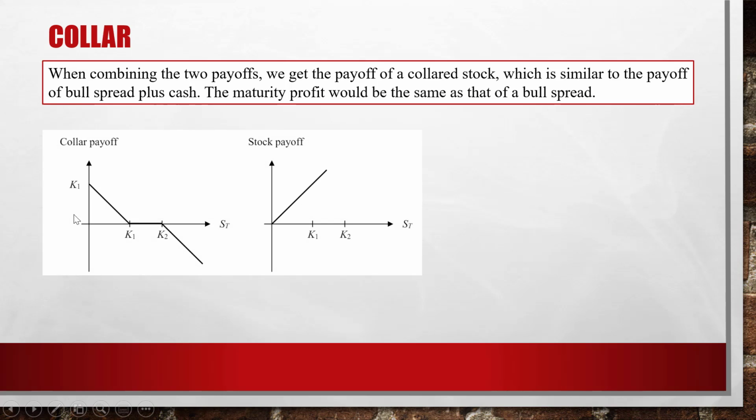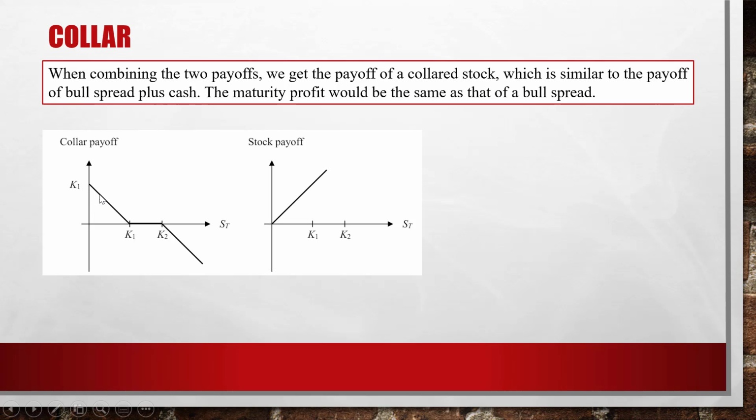Here, if you look at the collar payoff and the stock payoff, we are going to combine them. We're going to add them up. So when you add them up, you look at the initial time at time 0. The collar payoff is K1, and the stock payoff is 0. So when you add them up, it should be K1.